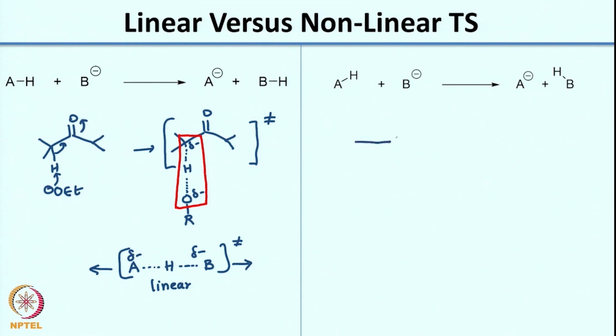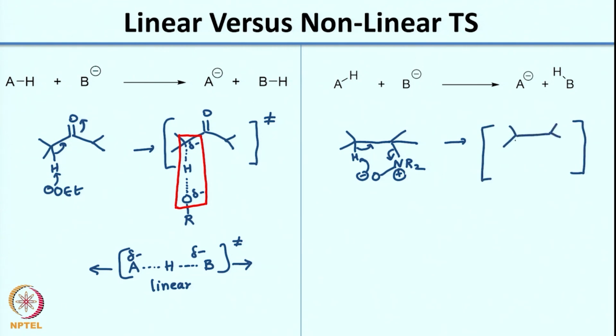Now what is happening in this case? In the other case which we saw, we had... So if I were to draw the transition state for this, these bonds are not broken, this is partially broken, this is partially broken, and you have this partially formed, and you have the double bond partially formed.